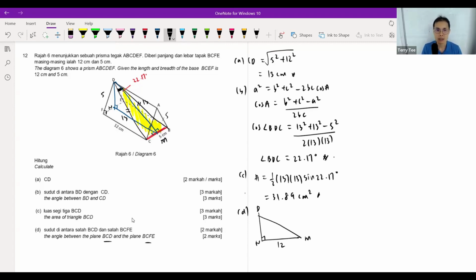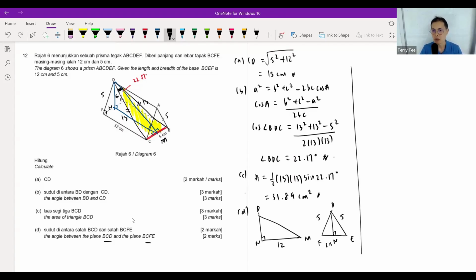DN is the back line here, okay? Since FE is also 5, maybe I draw another one for you if you cannot see. This is DFE. This is 5, this is 5, this is also 5. You divide evenly the center. Let's call this N. This is 2.5. I need to find DN.